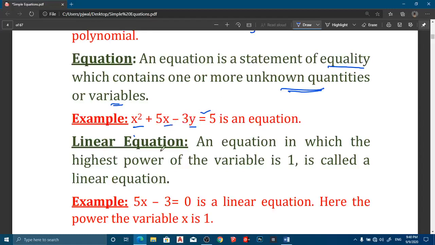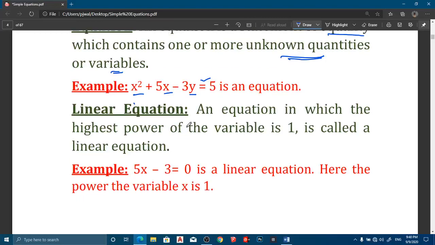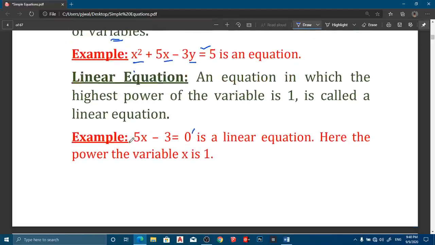Next, linear equation. In an equation, the power of the variables may be 2 or 3 or more. If it is only 1, like in the linear polynomial definition, in a linear equation the power of the variable will be 1.